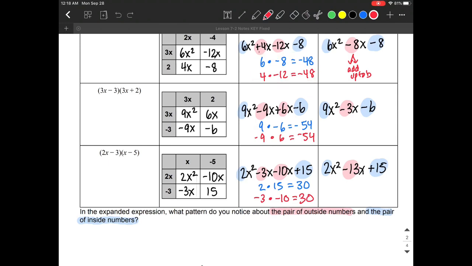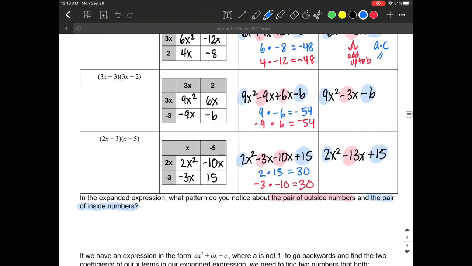So 4 times negative 12, if I add that up, it gives me negative 8. And then 6 times negative 8 is the same thing. It's going to give me the same number as 4 times negative 12 when I multiply those numbers together. So if I multiply A times C, it will give me the same numbers that add up to B.